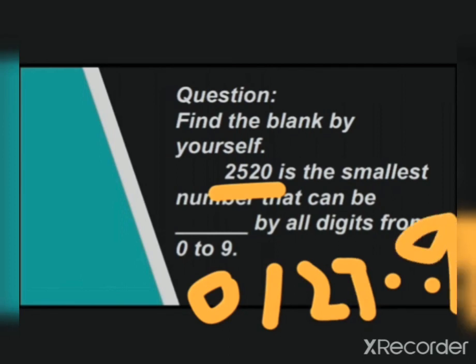For all numbers it should be true. Whether you add, multiply or divide, it should be divided by 1, by 2, by 3, by 4, by 5, by 6, by 7, by 8, by 9. Each digit should perform, and each digit should give an accurate answer. I hope you have understood.